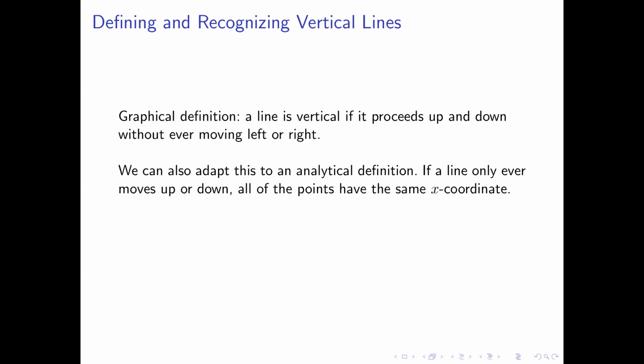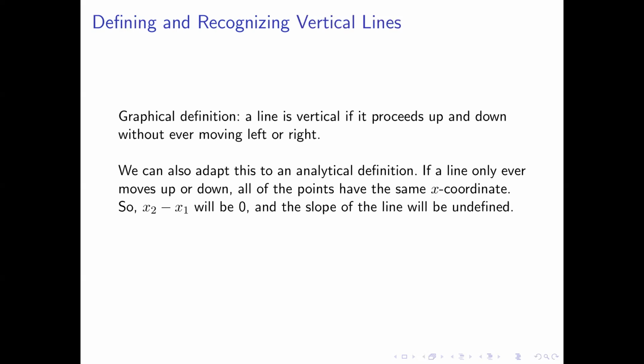The key thing to observe here is that in a vertical line, if you're only moving up and down and never moving left or right, all of your points will have the same x coordinate. And that means when you go to calculate your slope, the denominator of the slope formula, x2 minus x1, will be equal to 0 because, again, x2 and x1 will be the same.